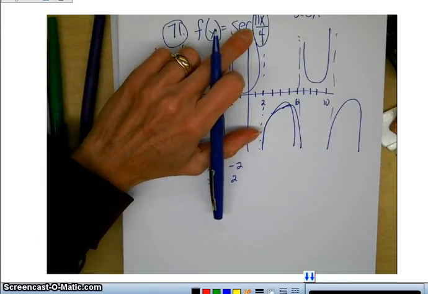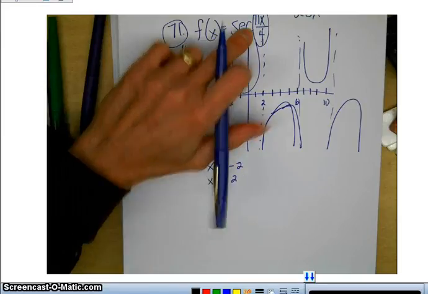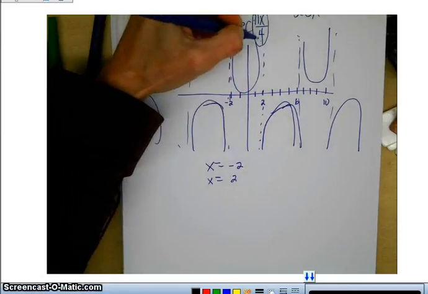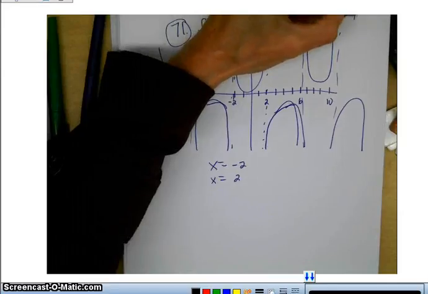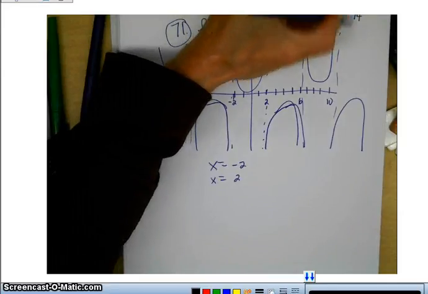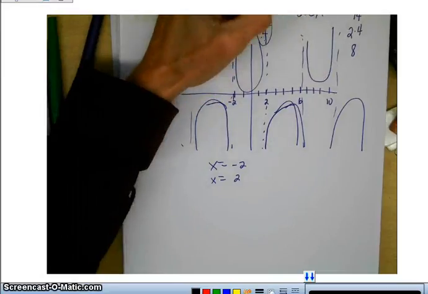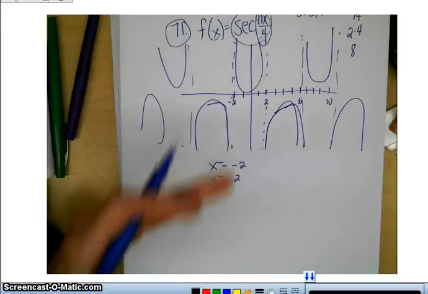The period becomes 2 pi divided by b, so divide by pi over 4, multiply by the reciprocal, the pi's cancel, and you get 2 times 4, or 8. So the period length of this function is 8.